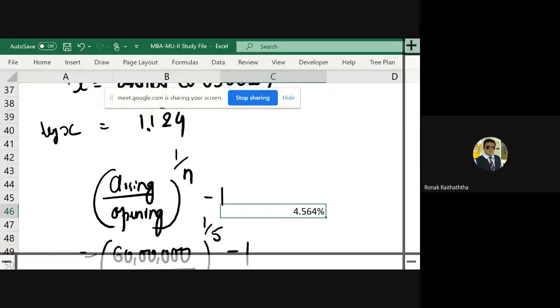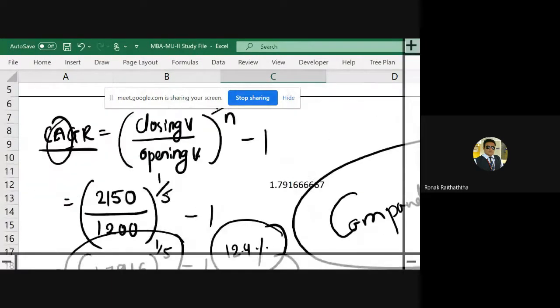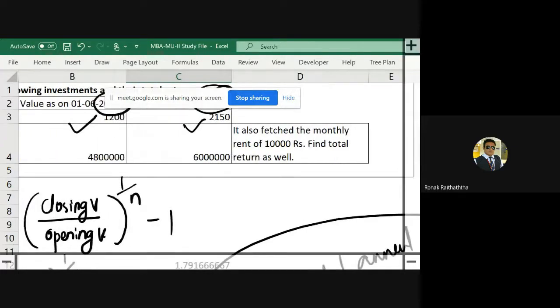Okay, and friend, he has also got one more return. That should also be compared. He has got 10,000 rupees of rent as well. Say he had purchased it 5 years back, and 10,000 rupees of rent on a monthly basis. That is also a return he has got.